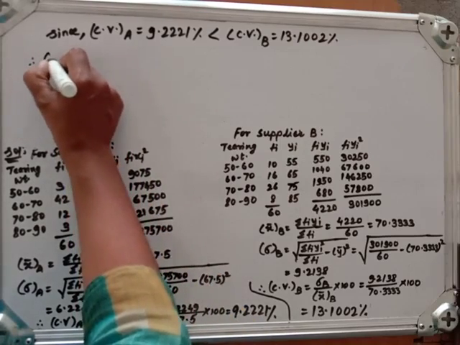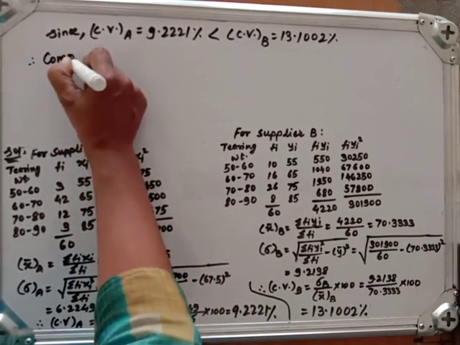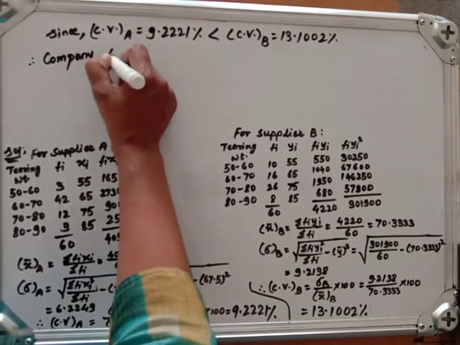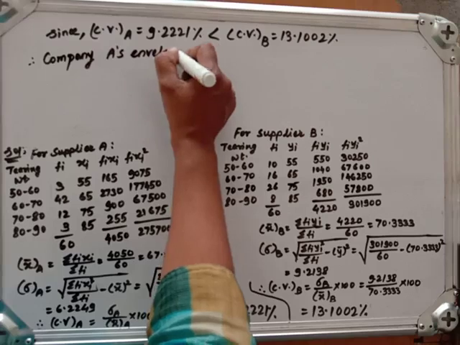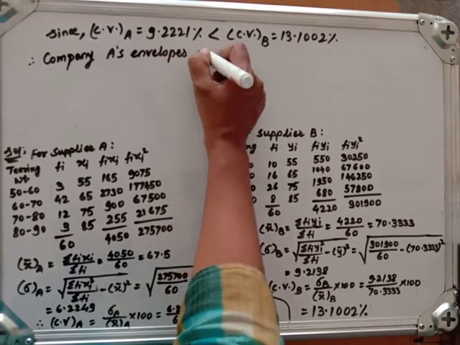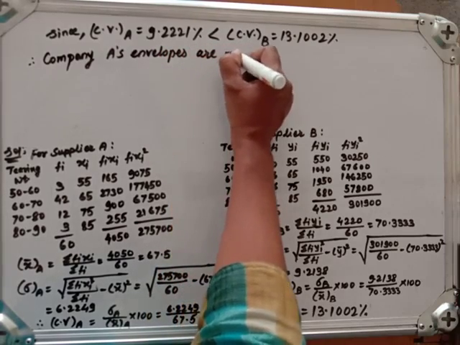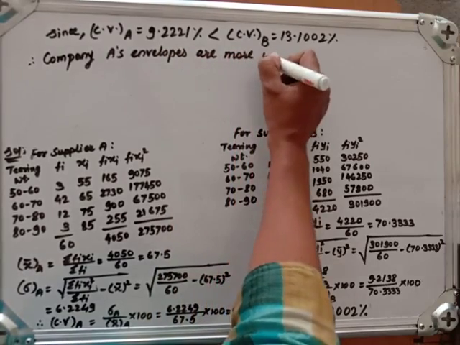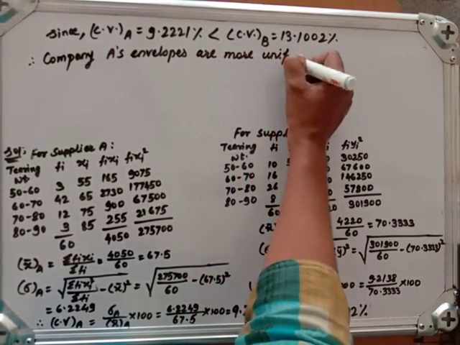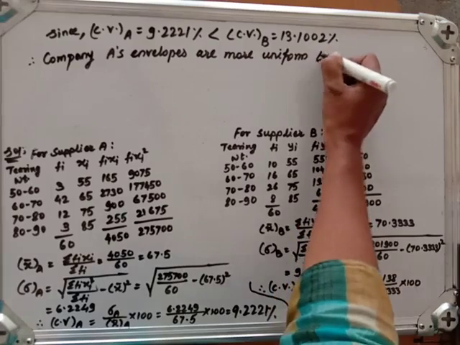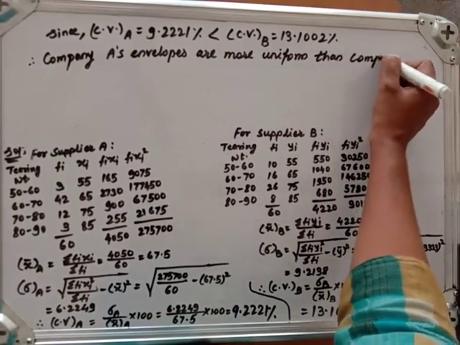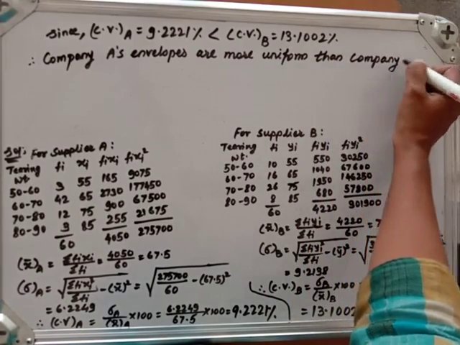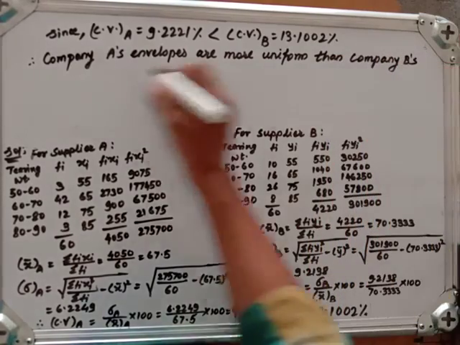Therefore, company A's envelopes are more uniform than company B's envelopes.